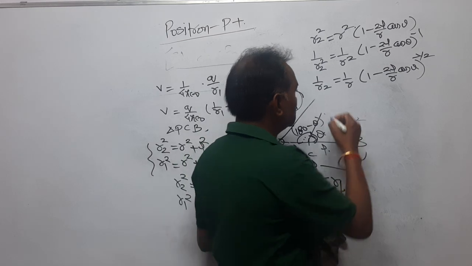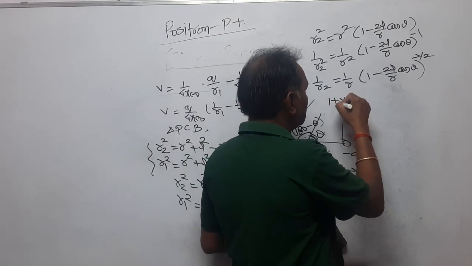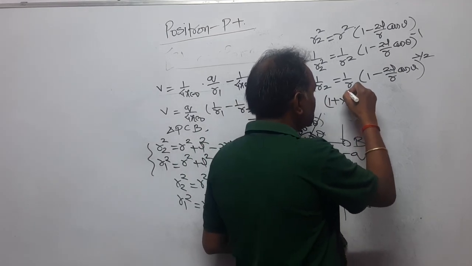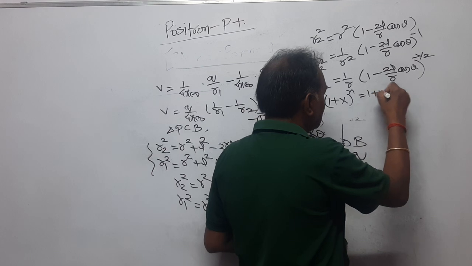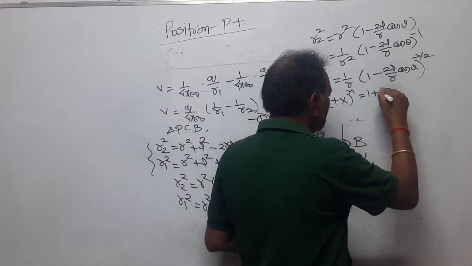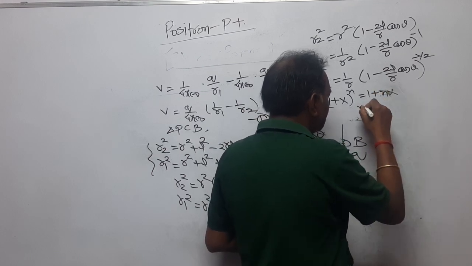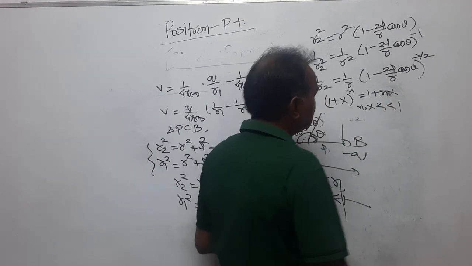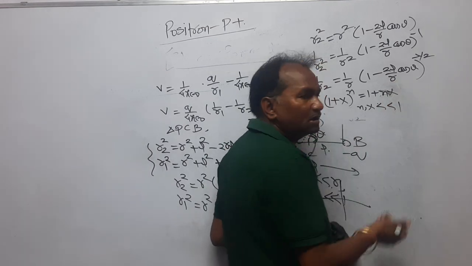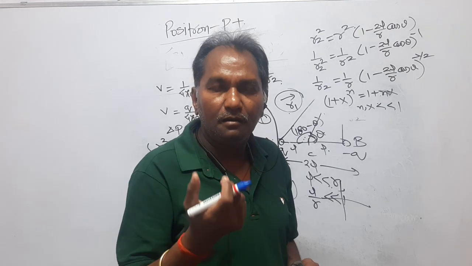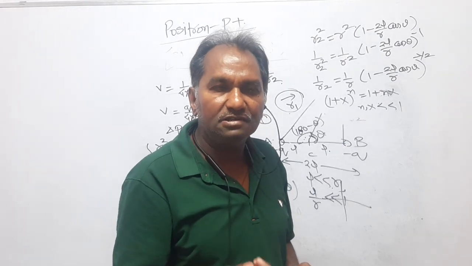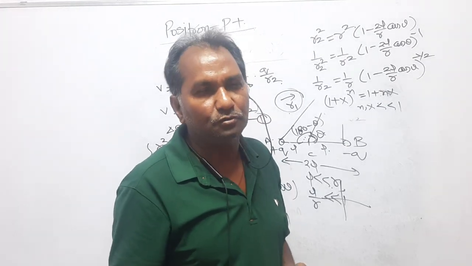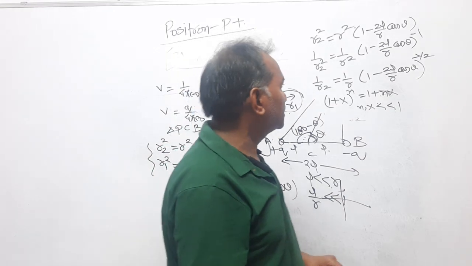Now dear students, you know the first order binomial expansion: 1 plus x to the power n equals 1 plus nx. The condition is that x should be less than 1. Now look here, small r is the distance of a point, and that is of your choice, and your choice would be in millimeter or centimeter, right?